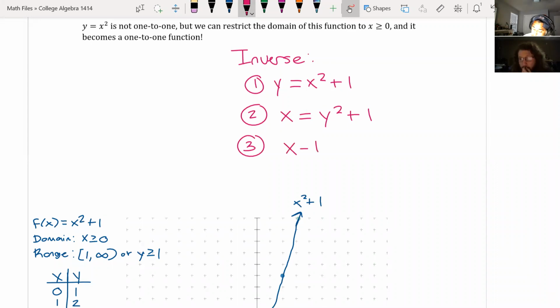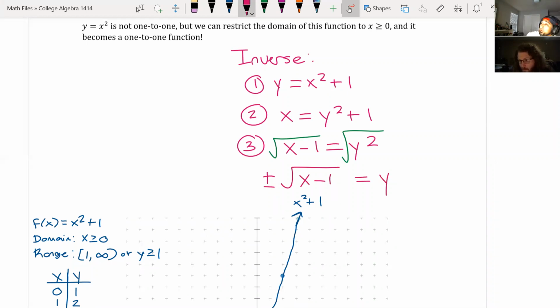You get x minus 1 equals y squared. And what are you going to do to both sides? Square root. You got it. So here you get plus or minus the square root of x minus 1 equal to y.